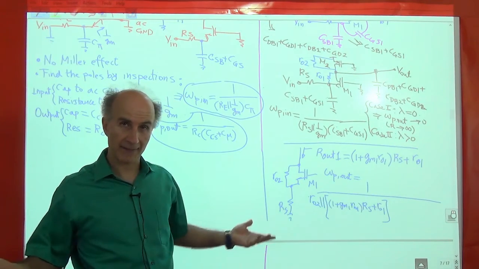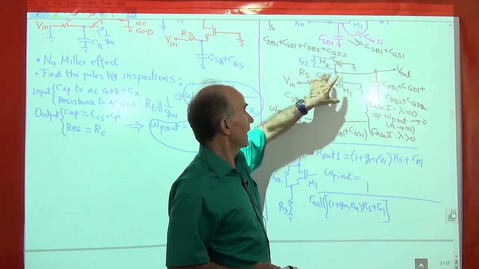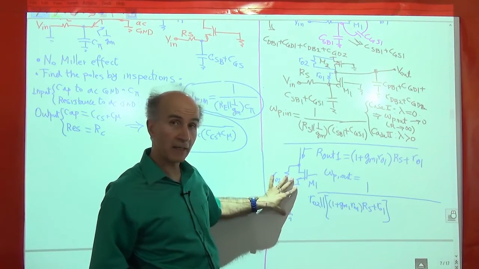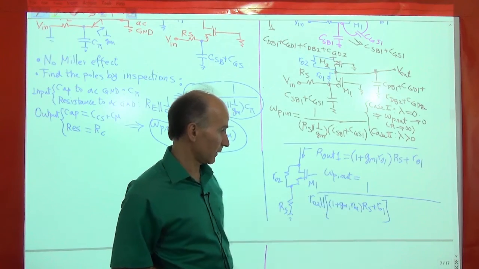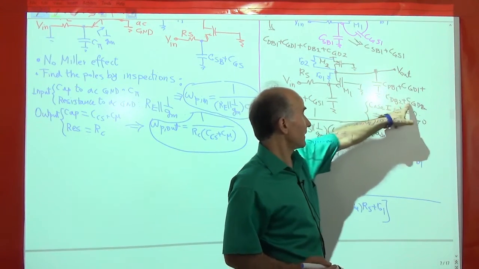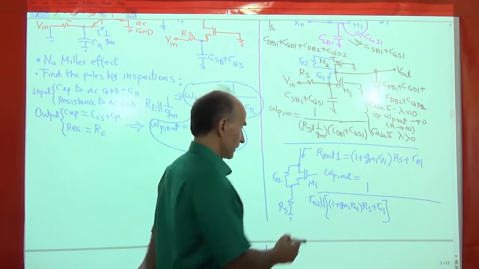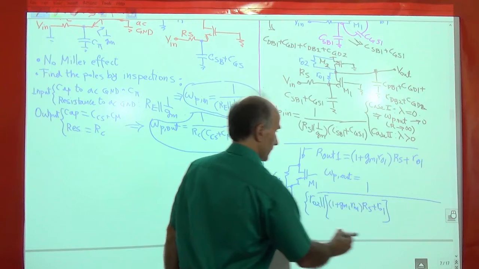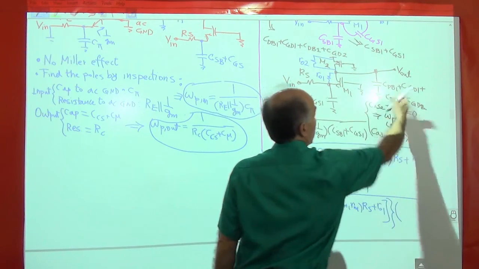So we got the resistance, right? Resistance looking up is RO2. Resistance looking down is that of a degenerated transistor. Is this, so that's the resistance. This resistance is multiplied by the total capacitance that we see from the output node to AC ground. So I have to put another set of brackets here and then multiply that by these caps.